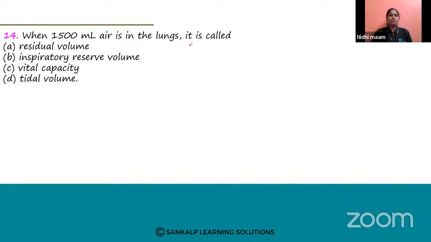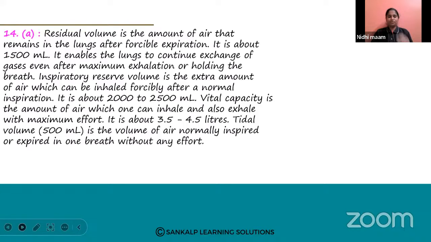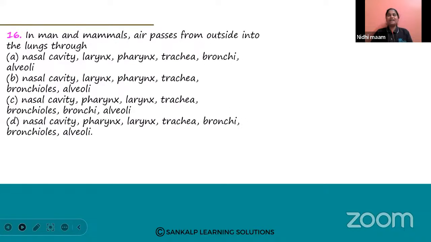Option A, that is residual volume. Let us proceed to the next question. In man and mammals, air passes from outside into the lungs through what?